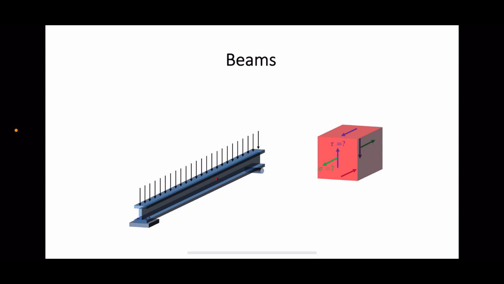As you will see later, the normal stress, the green arrow, is the result of the internal bending moment, and the shear stress, the purple arrows, is caused by the internal shear force at the cross section going through the point. The following is the visualization of the internal shear force and the bending moment at the cross section.